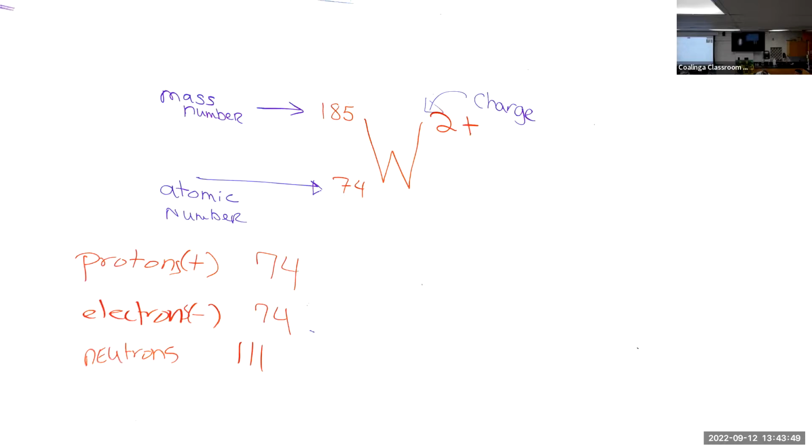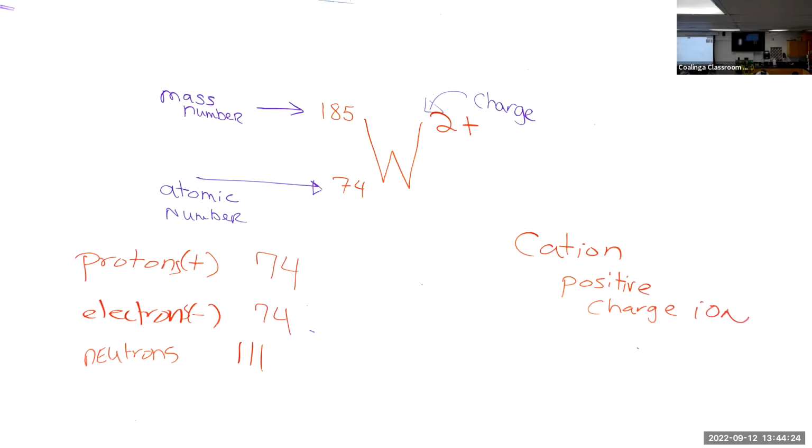And as the pun was saying, if you're positive, it's called a cation, because it's positive. A cation is a positively charged ion.